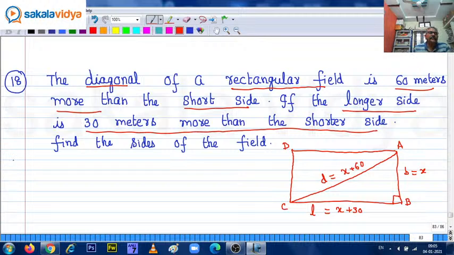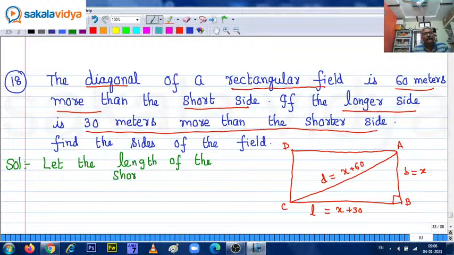So first let us write what we have discussed here. Solution. Let the length of the shorter side be x. So here breadth becomes x.